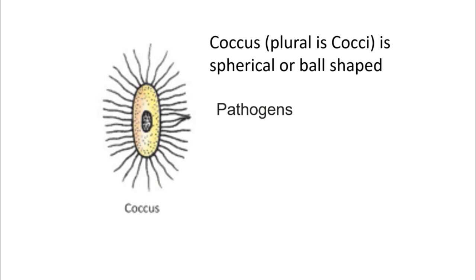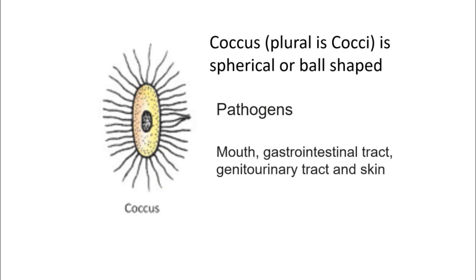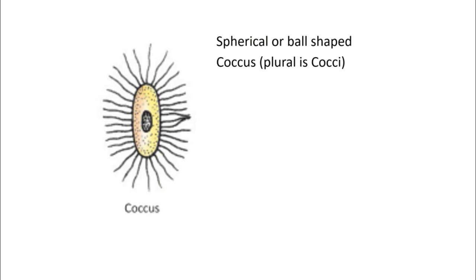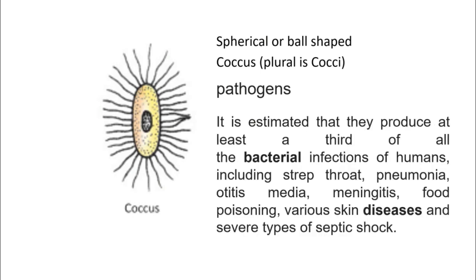Surprisingly, we have learned that these are found in our mouth, gastrointestinal tract, and they may cause even skin disease. So they are spherical in shape, they are pathogens, and they are the reasons for different diseases.